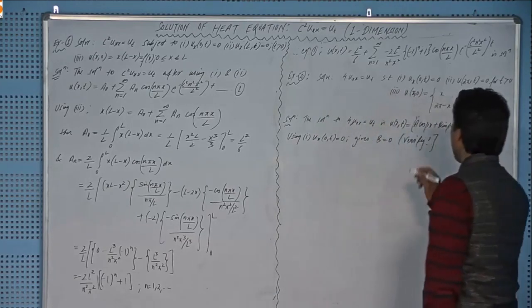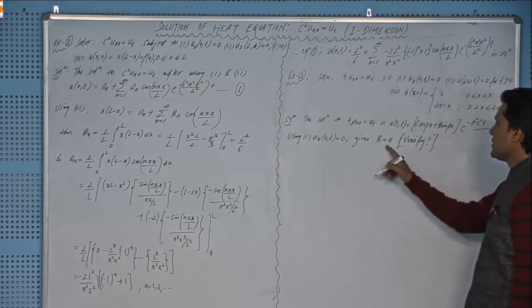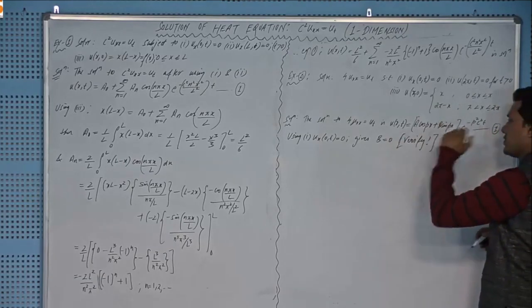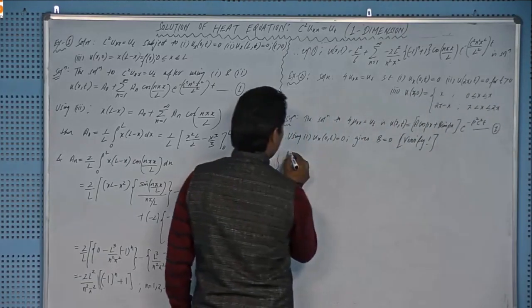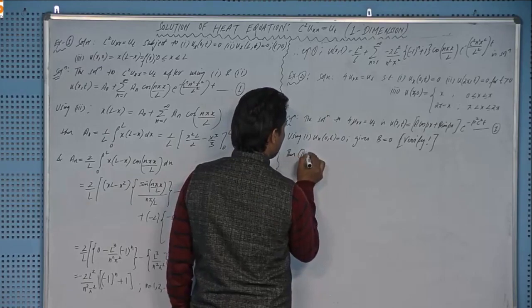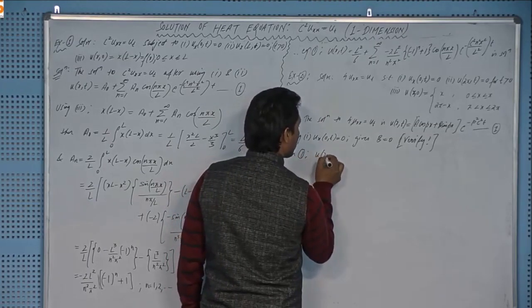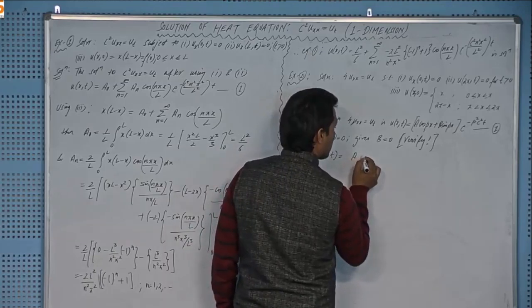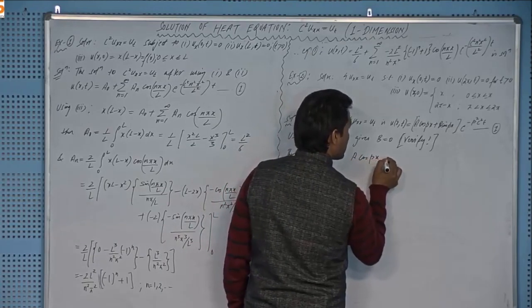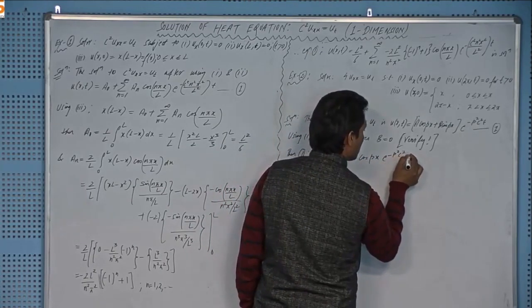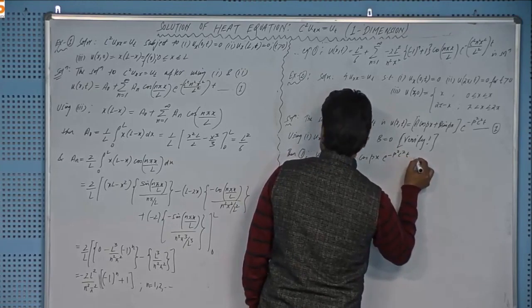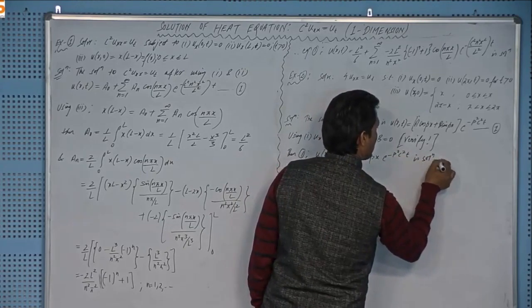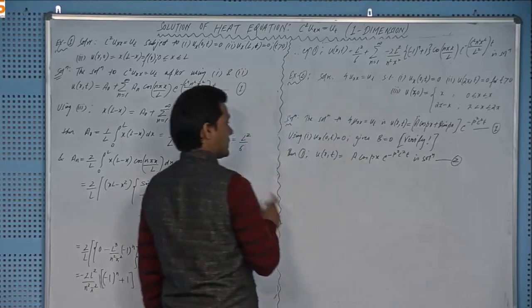Fine. And now since b is equal to 0, I put this b is equal to 0 here. Then my refined solution will become u(x, t) equal to a cos px e to the power minus p square c square t. New solution, refined solution with a lesser number of constants.